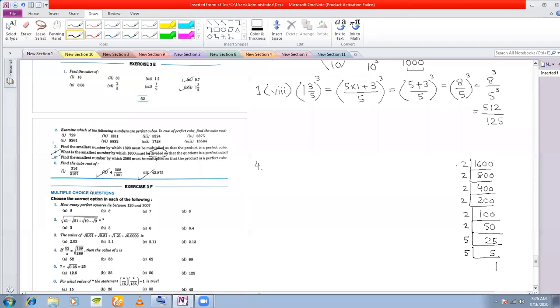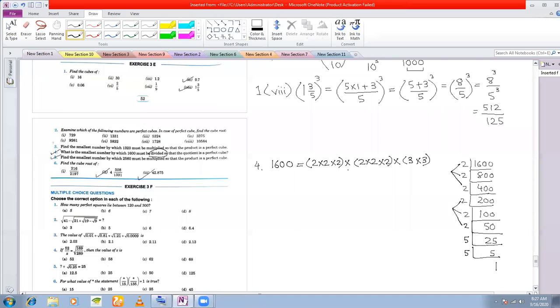How many triplets are you getting? Let's see. One triplet, second triplet. But 5 does not form a triplet. Okay. So therefore, you can write here 1600 is this triplet and this triplet and 3 into 3 because it does not form a triplet.